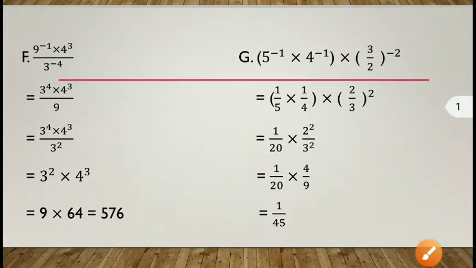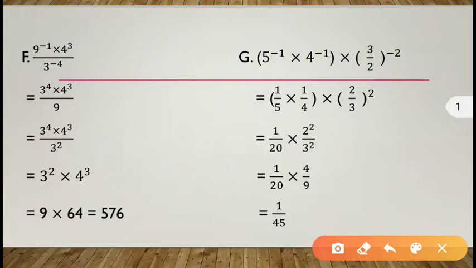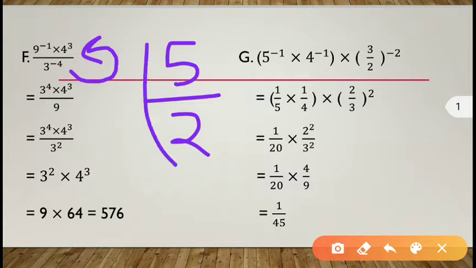Next question, question F. 9 to the power minus 1 into 4 to the power 3 upon 3 to the power minus 4. First of all, if you write this 3 to the power minus 4 in the numerator, this minus 4 will convert into a plus sign. For converting, suppose you are having 5 upon 2 to the power minus 2.